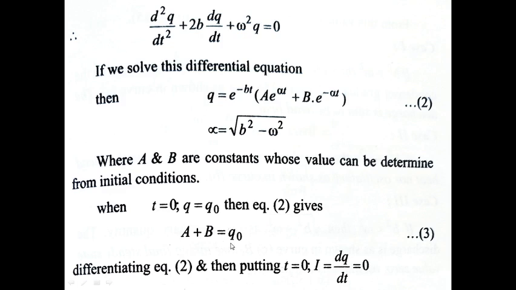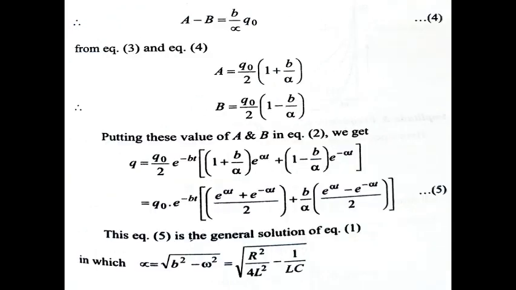Now differentiate equation 2 and then use the initial condition, that is t is equal to 0, q is equal to q0 and dq by dt will be equal to 0. Then a minus b is equal to b by alpha into q0. How to calculate a minus b is also discussed in the previous lecture. So we can determine the values of a plus b and a minus b.